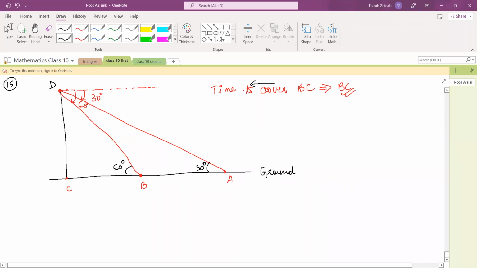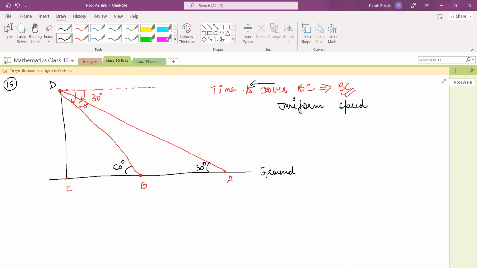Now uniform speed. What is uniform speed? The car is coming with uniform speed. Yes, Abdullah. What is uniform speed? And not a normal speed. What is normal speed? What do you call normal? Like straight.